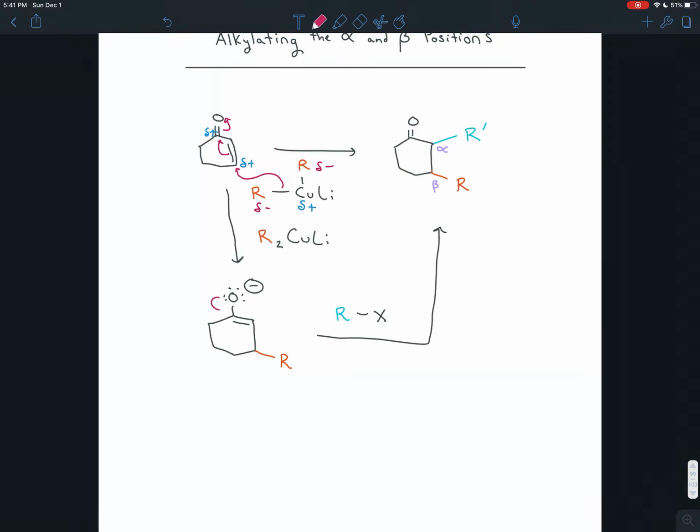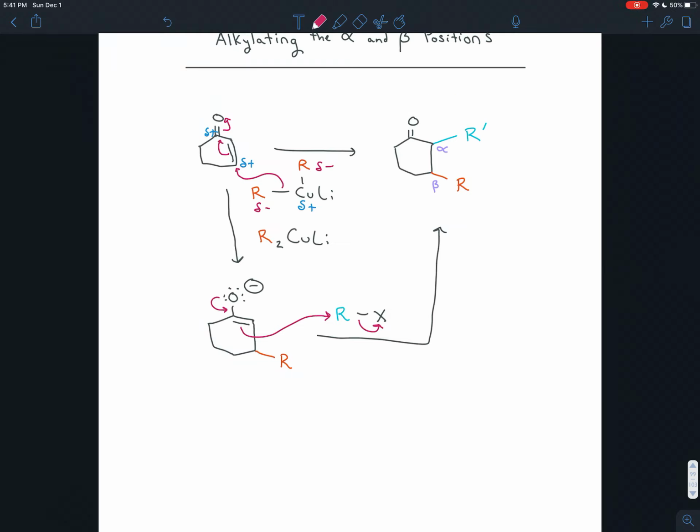These electrons can snap back down. They're attracted to the slightly positive carbon there. That pushes these electrons to become a nucleophile that attacks the carbon of an alkyl halide and kicks the halogen leaving group off. Remember that X is chlorine, bromine, or iodine. And you could see that you would end up with this product, this alpha-beta alkylated product.